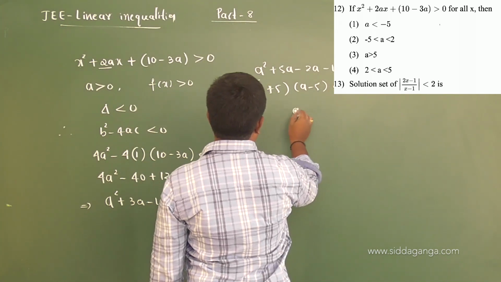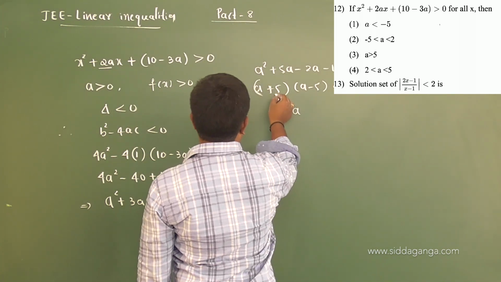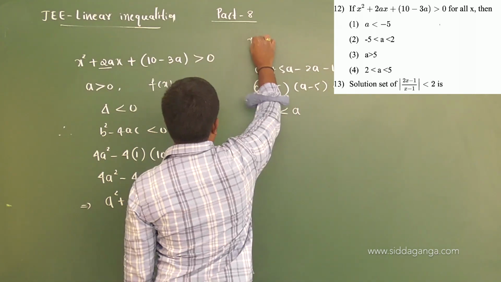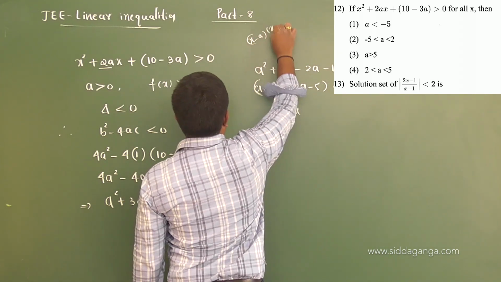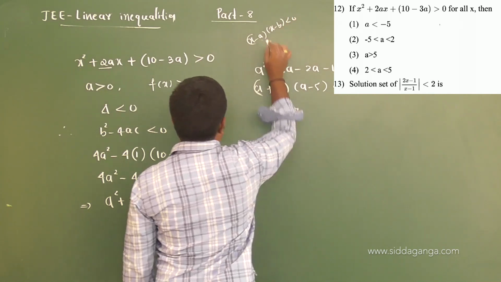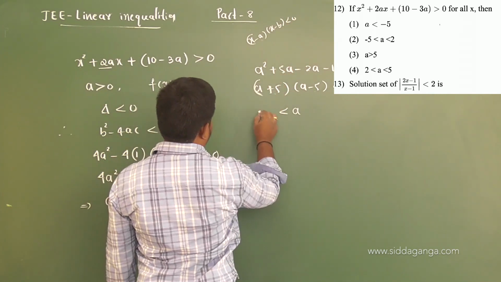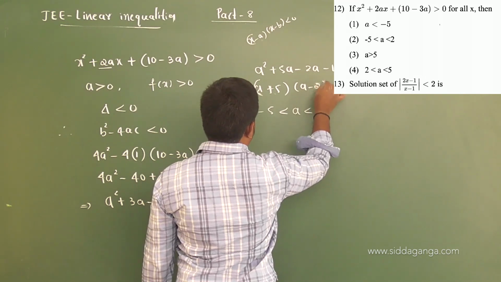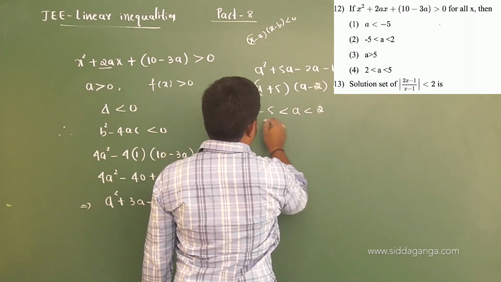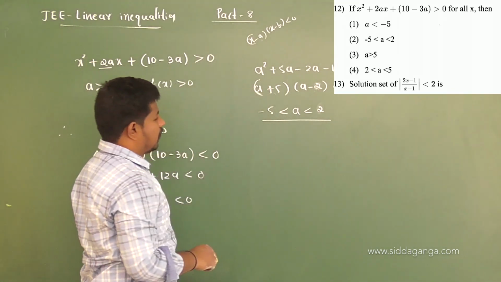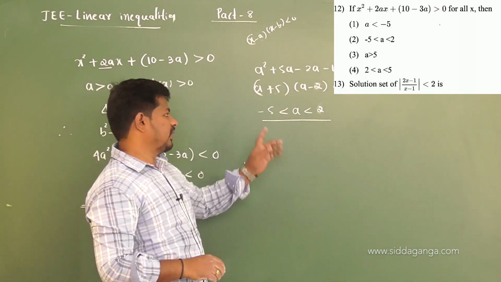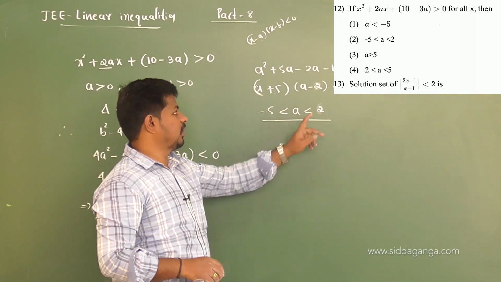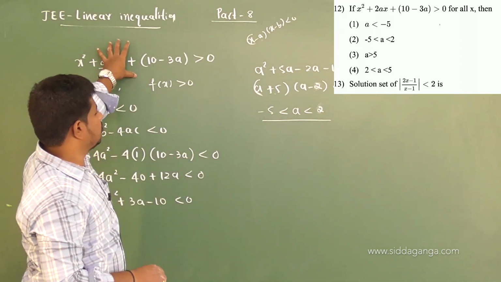So a must be in between, right. In case of x minus a into x minus b less than 0, in this case we take a as minus 5, b as 2. So minus 5 to plus 2, the values of a from minus 5 to plus 2, then only this becomes positive.